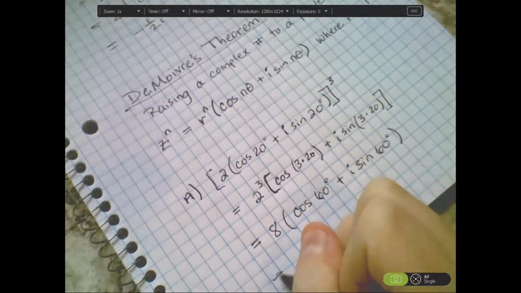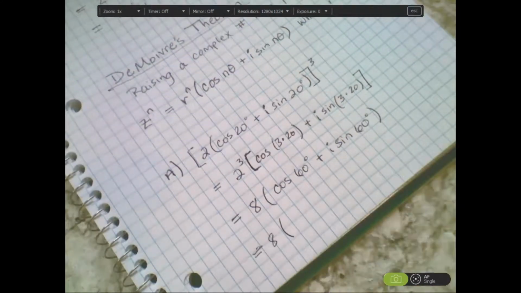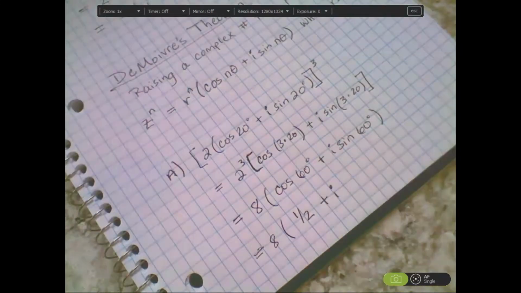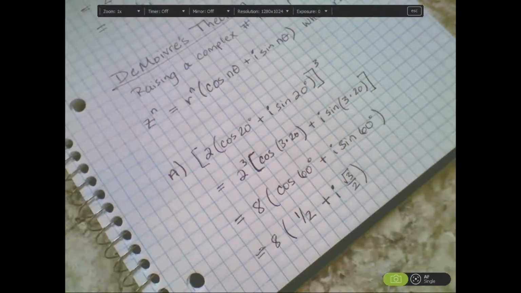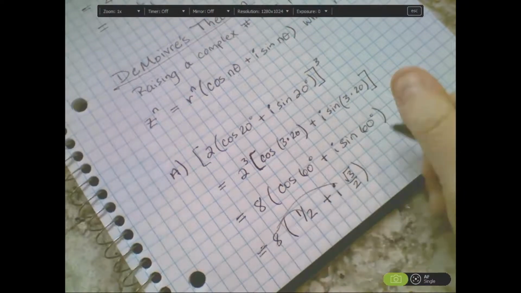So cosine at pi over 3 is 1/2. The sine at pi over 3 is root 3 over 2. And again, I can bring in my 8 to both of these.